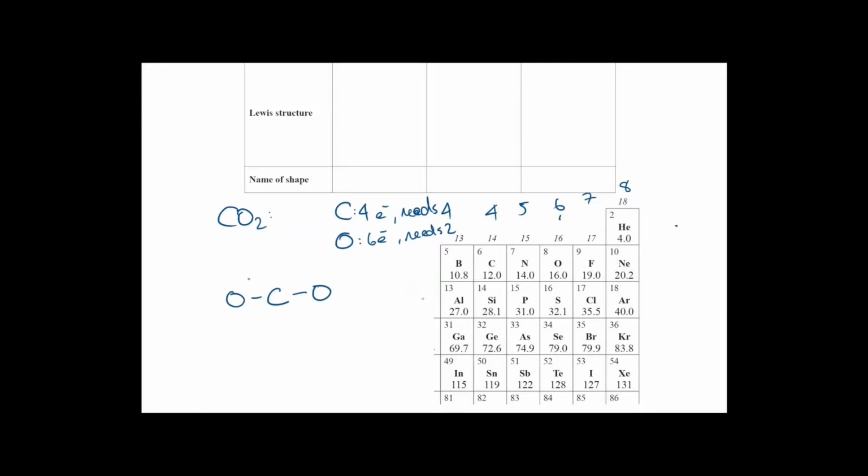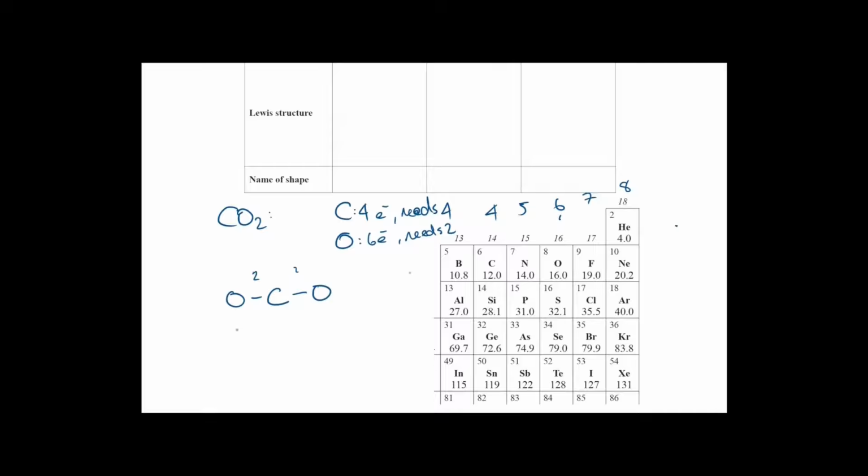Now let's look at how many electrons are free. Carbon has 4 and it wants 4, so there are 2 here, 2 here, so all 4 of its electrons are in these bonds, so it still wants 4 more. These oxygens have 6 and 2 of them are in the bond, so they've got 4 left over. So this carbon wants 4 more.